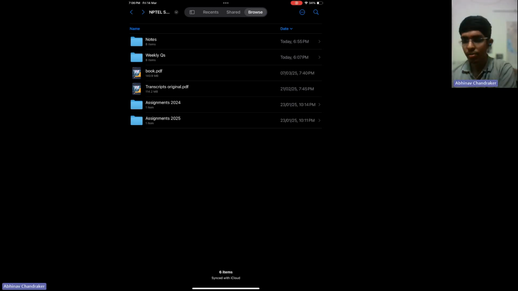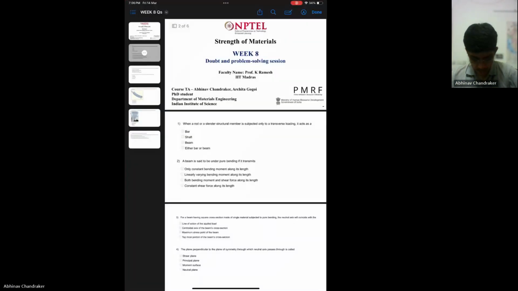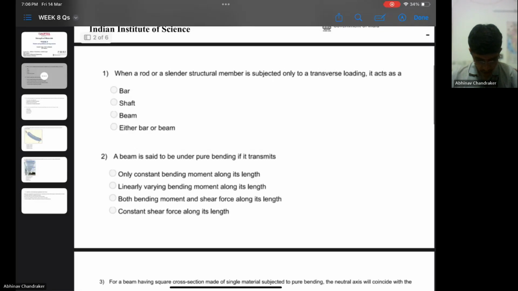Okay, let's go through the questions. The first question is, when a rod or a cylinder member is subjected only to a transverse loading, it acts as a... We know that if it's axial, we call it a bar.